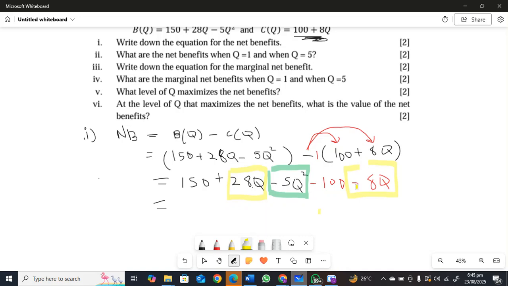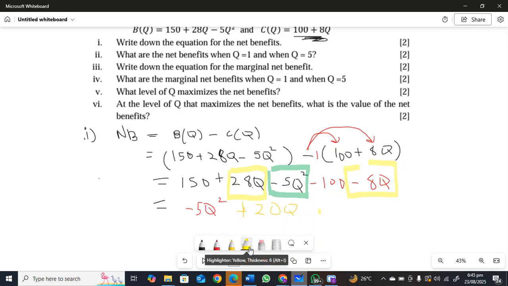So 28Q minus 8Q gives you 20Q, positive since 28 is positive. This negative 5Q squared we can just bring in front: negative 5Q squared.